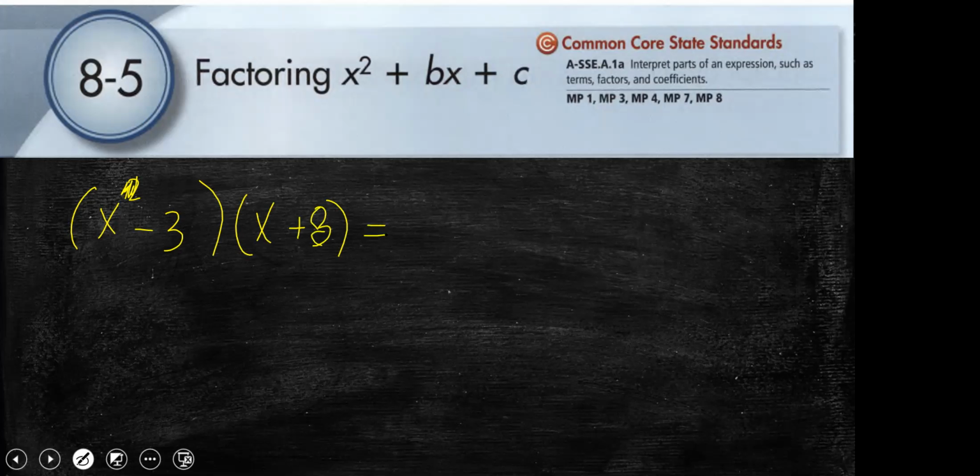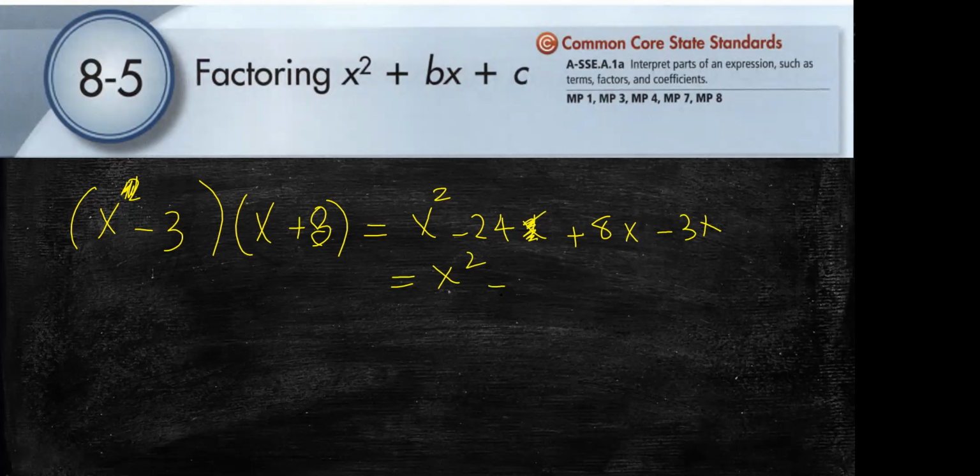If you're multiplying them, you will get x squared plus 8x minus 3x minus 24, so it will be x squared plus 5x minus 24. So look here. I have two factors, two binomials. I multiplied them and I get this trinomial.